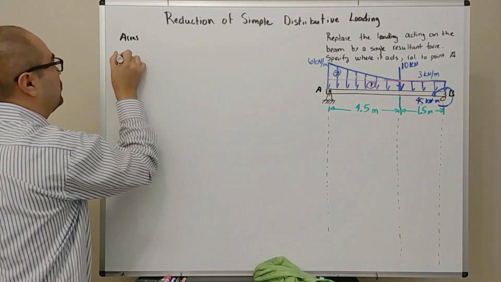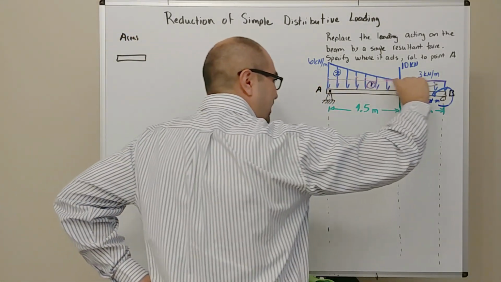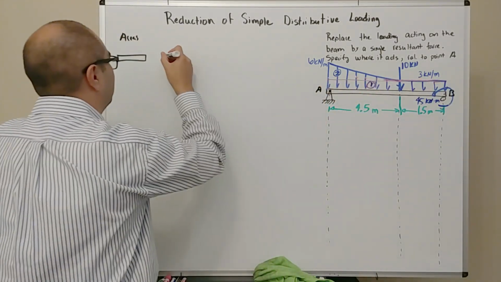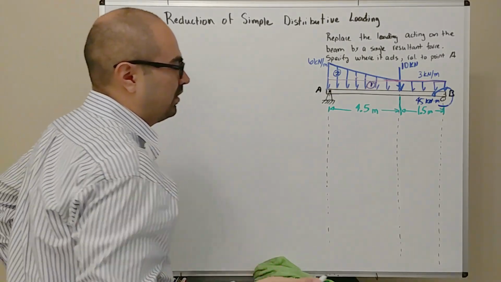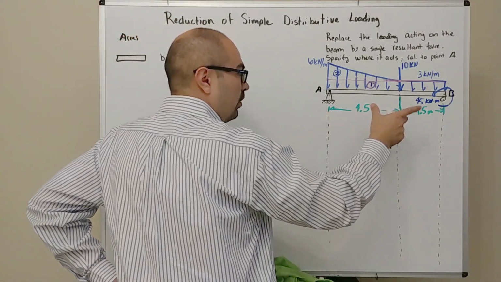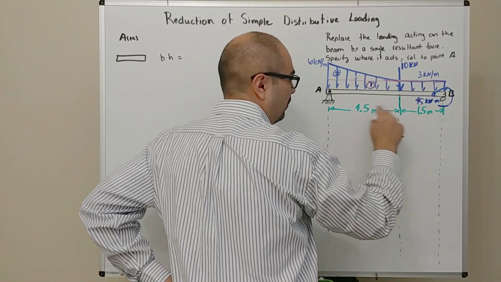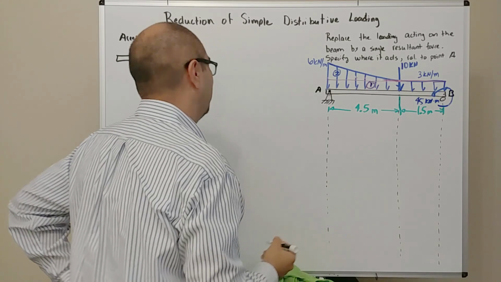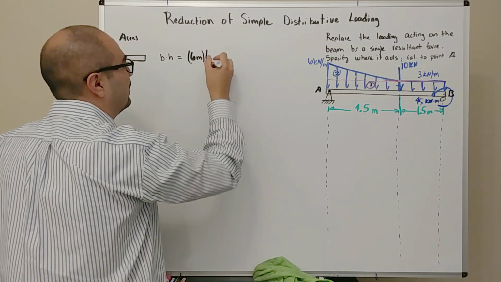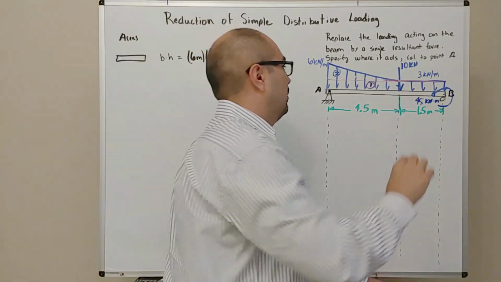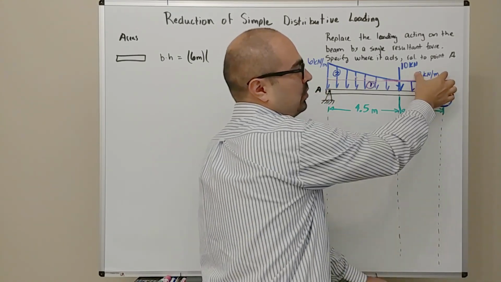First, for the rectangular strip, the area is fairly easy, right? The area of a rectangle is just the base times the height. So in this example, what is the size of the base? Well, we have 4.5, and we're going to add 1.5 to it. So 4 plus 1 is 5, plus half and half, that's 6 meters. So we have 6 meters as the base. And then the height, what is the height of this rectangular strip? Again, the height we always equate to the magnitude of the distributed loading.